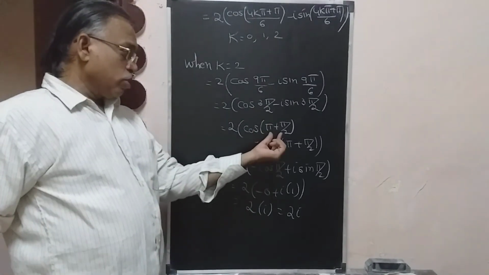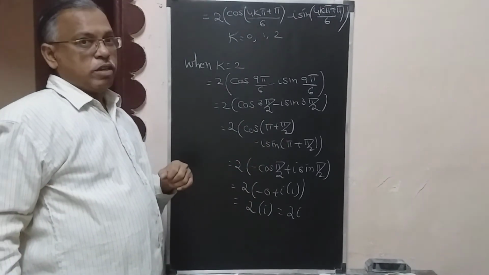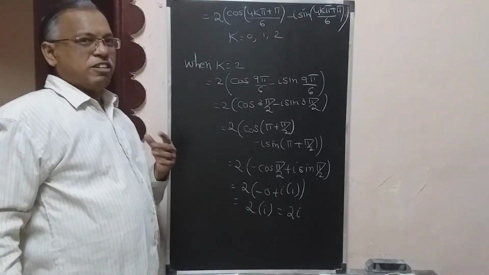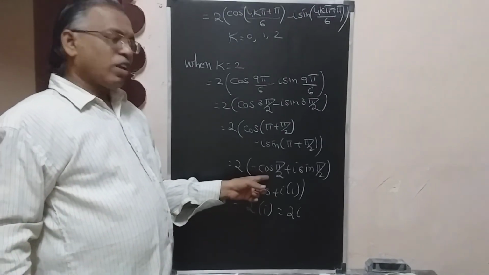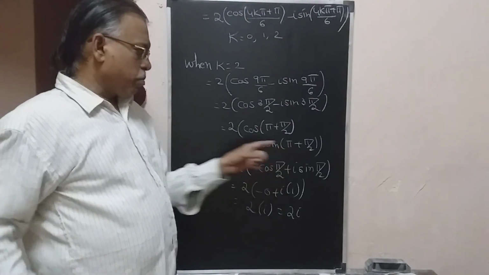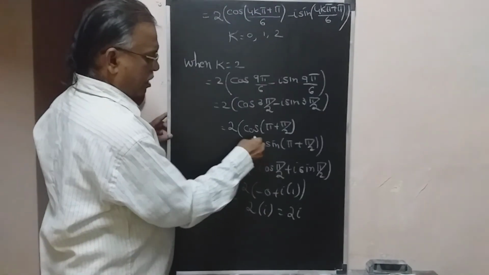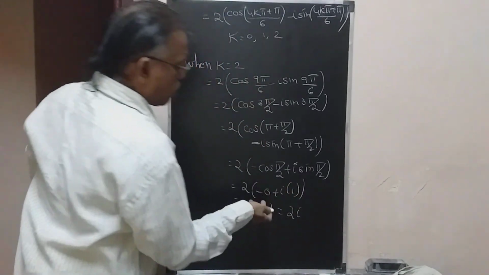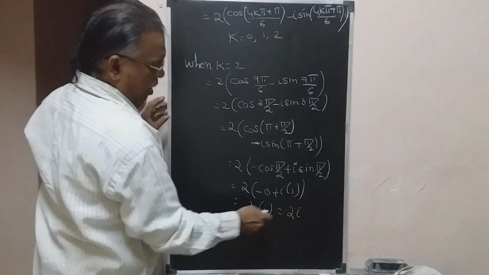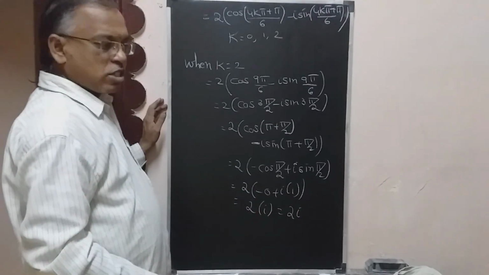So this quadrant you should remember, you must remember, because you studied in 11th standard. Very, very, very important. So minus cos pi by 2 because third quadrant. This is also minus because third quadrant. So minus into minus plus. So cos pi by 2 0, sin pi by 2 1, I into 1 I. So 2i. That's it, students.